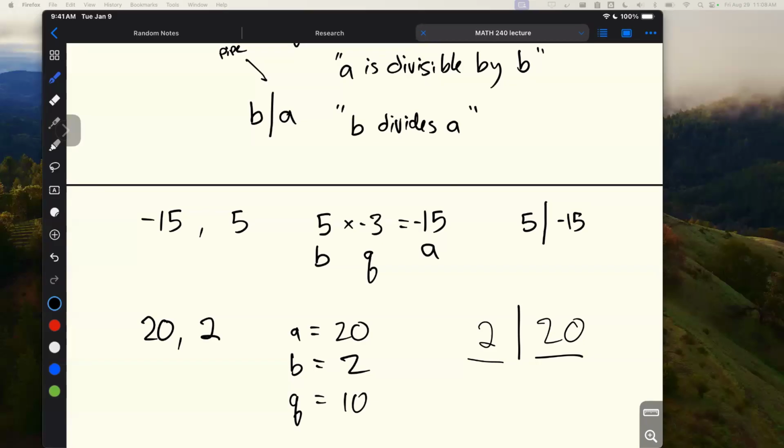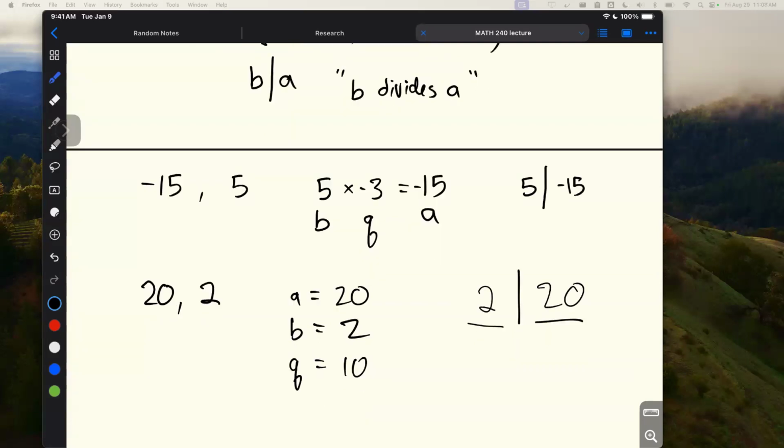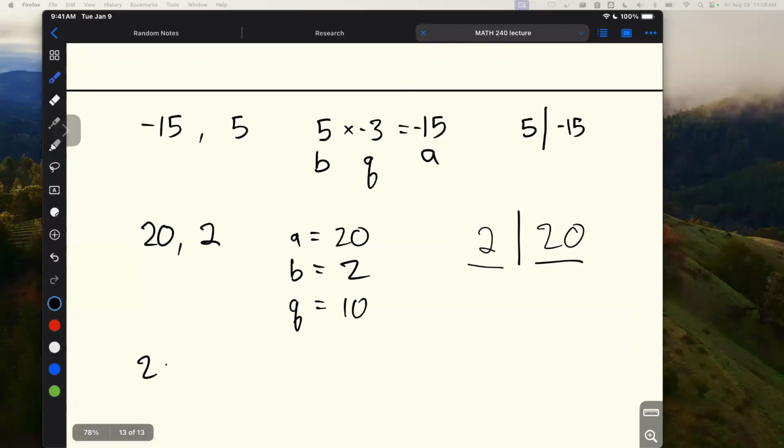And so this is where we get our notion of what's an odd number. Because if we take, for example, 2 and 21, can we write it?